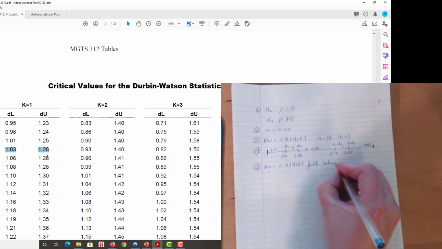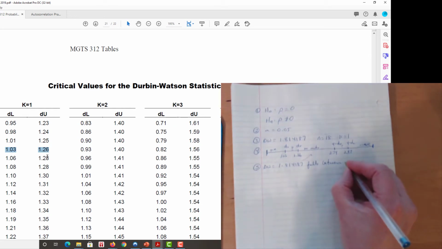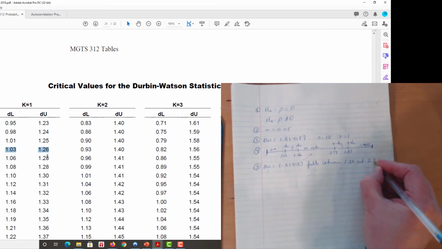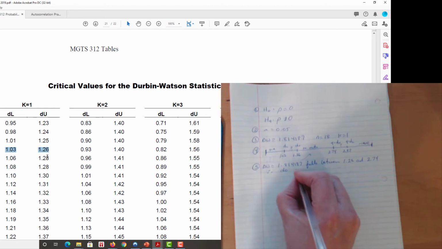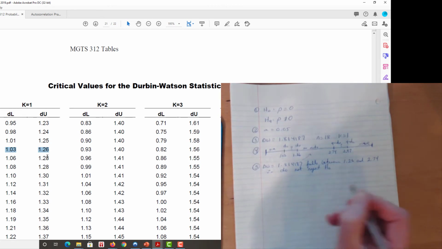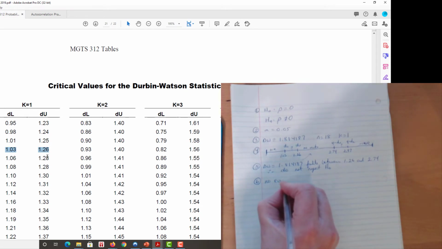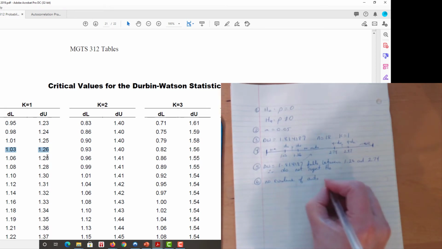It falls between, in the no autocorrelation zone, so between 1.26 and 2.74. Therefore, do not reject H0. Step 6, no evidence of autocorrelation.